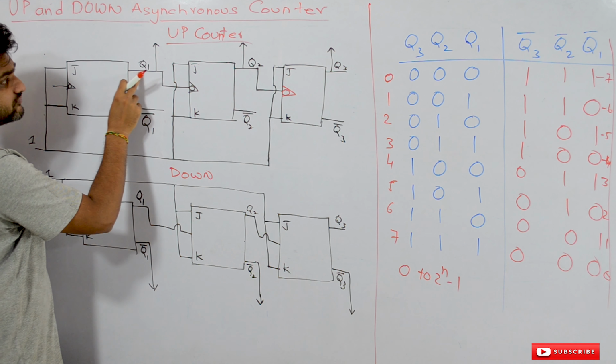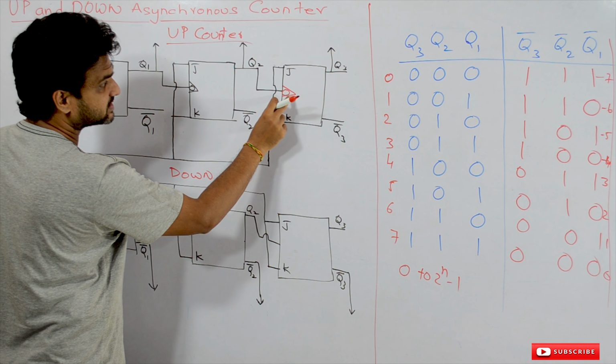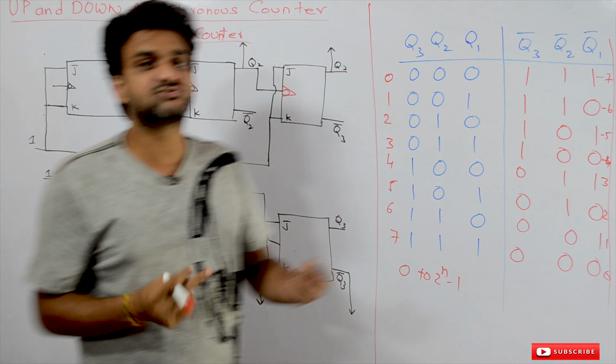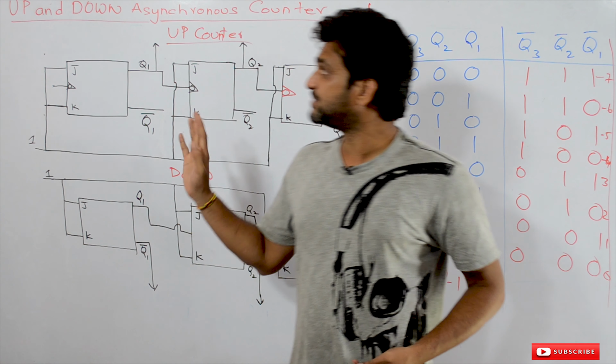Whenever the output of one flip-flop is provided as the clock to the other flip-flop, and the output of this flip-flop is provided as the clock to this flip-flop, if such kind of interconnections are done, it is called an asynchronous counter. Okay, so this is all about up and down counter.